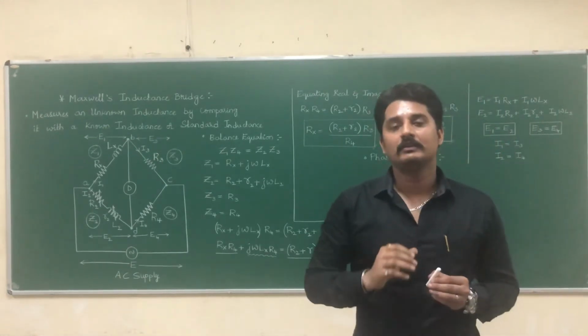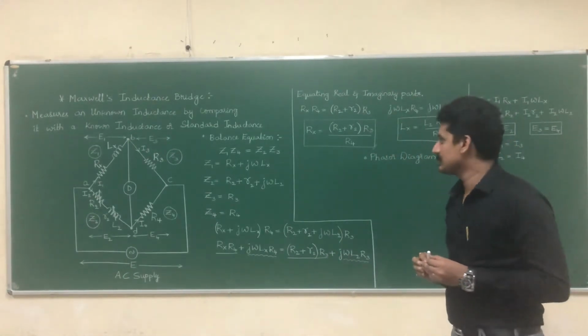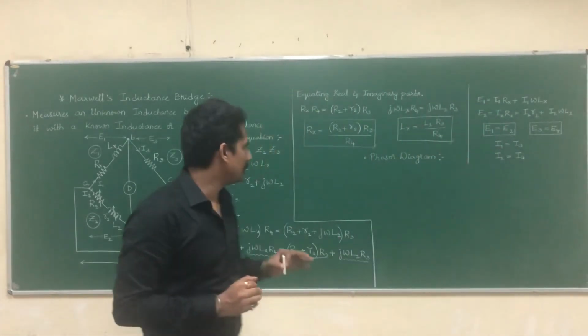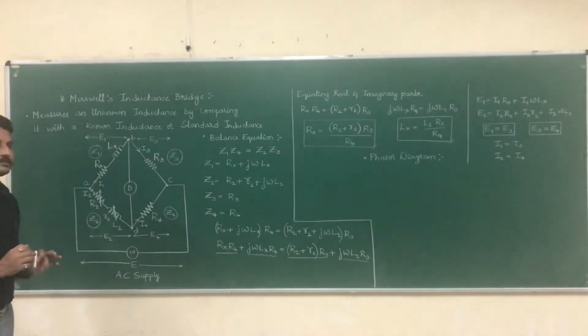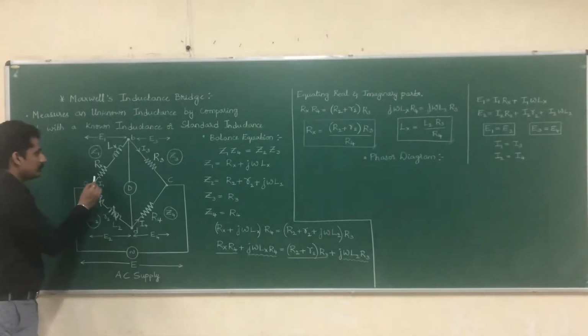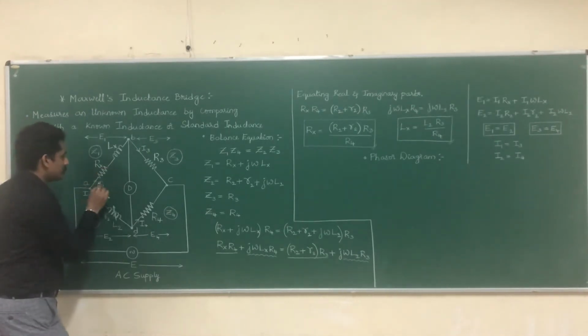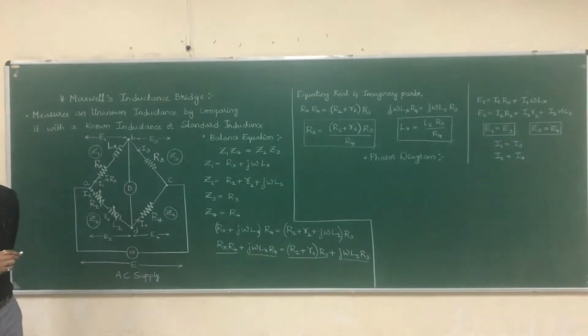How to draw the phasor diagram for Maxwell's inductance bridge? Before that, we should analyze the circuit a bit. What is the voltage drop across the resistor in arm AB? It is I1 Rx, and the voltage drop across the inductor is I1 omega Lx.